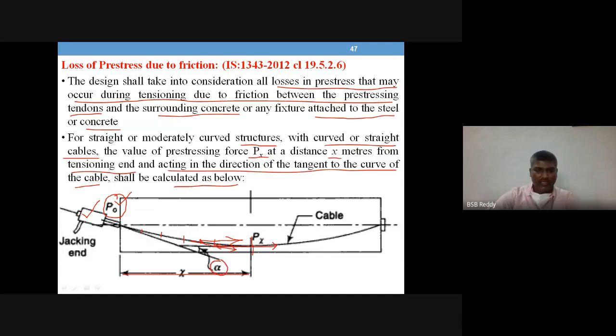Alpha is the angle of rotation of P naught with respect to the location where you want the pre-stressing force. So that is the alpha angle, the rotation of the pre-stressing force. This is how it is to be measured.